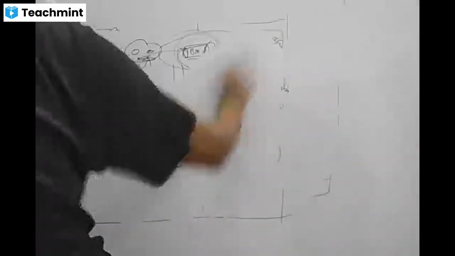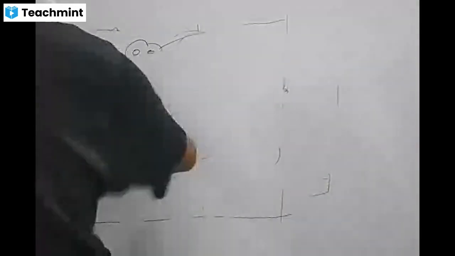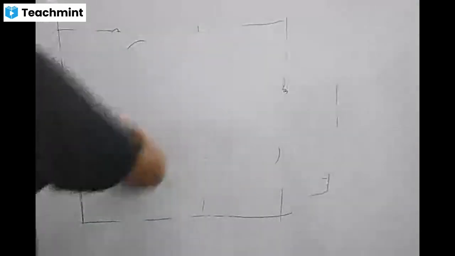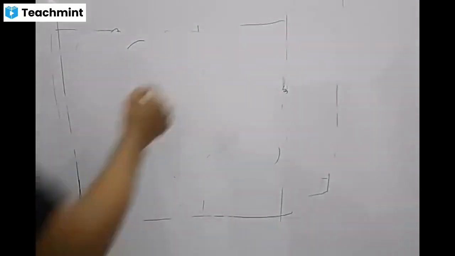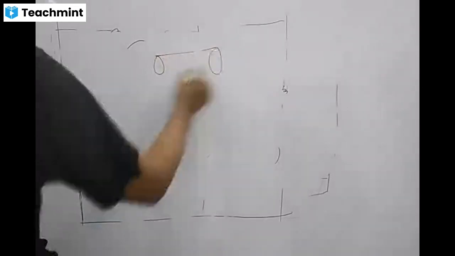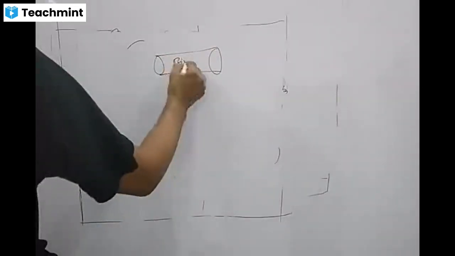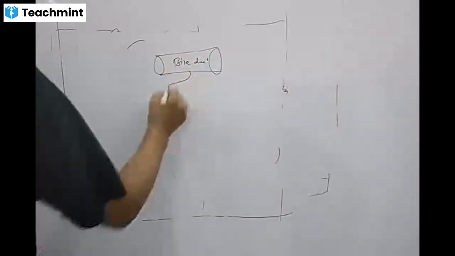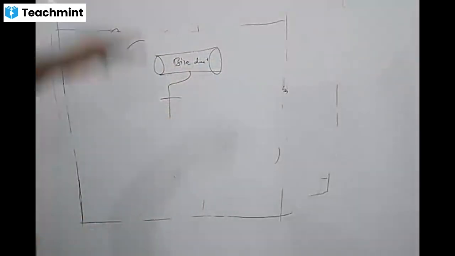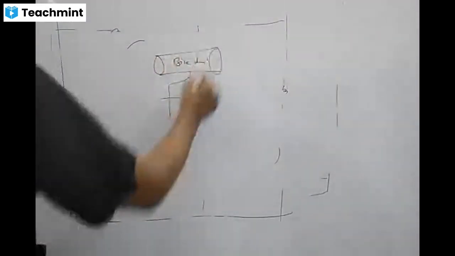So the MCQ asked with this cycle in the exam was about the bile duct. In case of Clonorchis or Opisthorchis, the pathogenesis is related only with the bile duct.